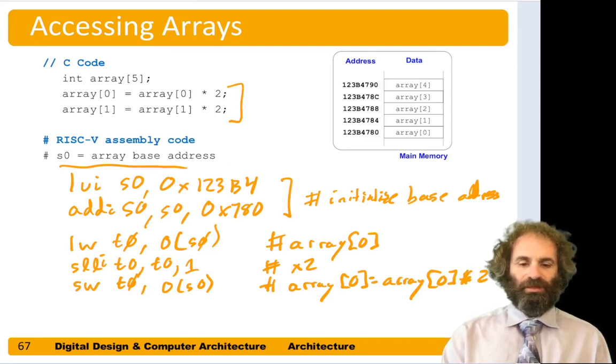We could do the same thing for element 1, but element 1 is 4 bytes later in memory, so we add an offset of 4.